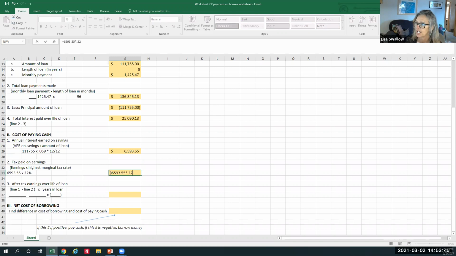And this is actually a negative number because you don't get to keep all your interest. You have to pay part of it in taxes.